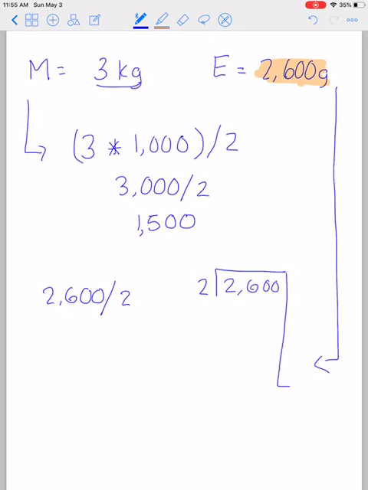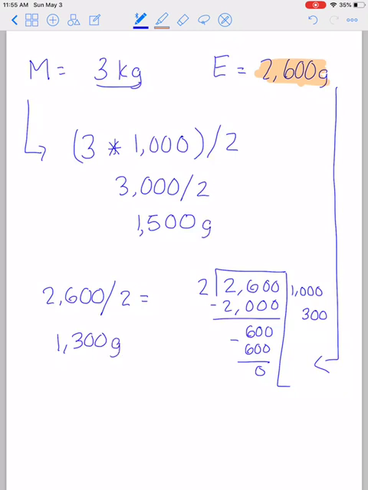And I know that 2 times 800 will give me 1,600. No remainder. So equals 800 grams. So now they want to know how much more, right?